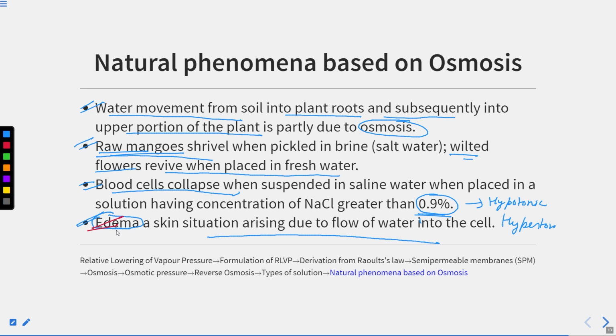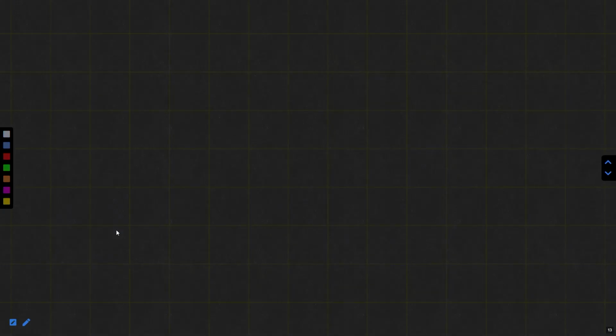So this was our today's class. Basically we have studied two types of colligative property. If I just write the formulas for you, the first one was RLVP, which stands for relative lowering of vapor pressure.